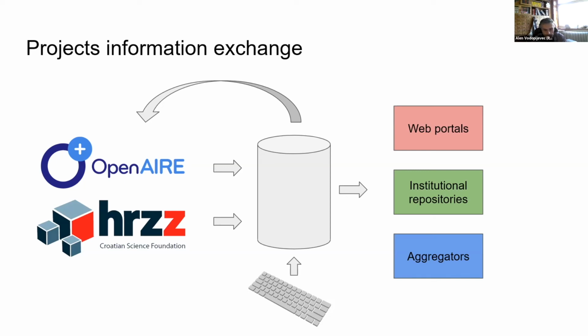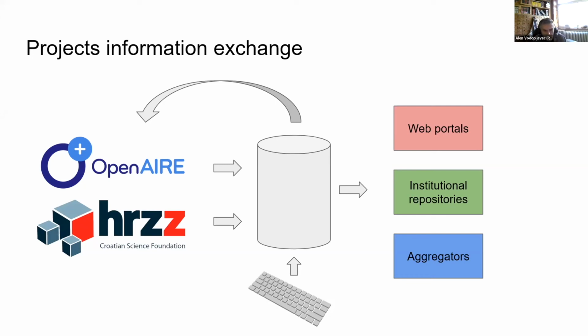So we are importing the project records of the projects that Croatian institutions are participating in, and also we are using the information of the Croatian Science Foundation. So the national projects are also in that database, and as a benefit from that, we are also using this database as projects information provider for OpenAIRE.